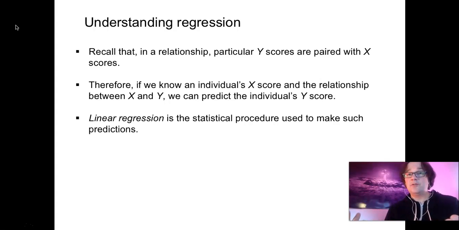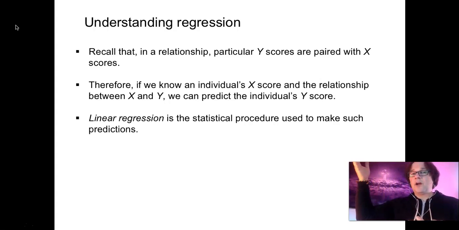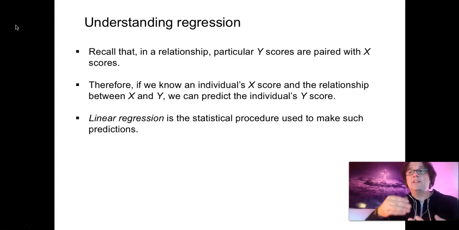Well, because I know that it's a very strong positive correlation. So if they were scoring low on x, they should be scoring low on y. If they're scoring high on x, then they should be scoring high on y, right? So knowing this relationship, the strength and the direction, can help us make predictions.